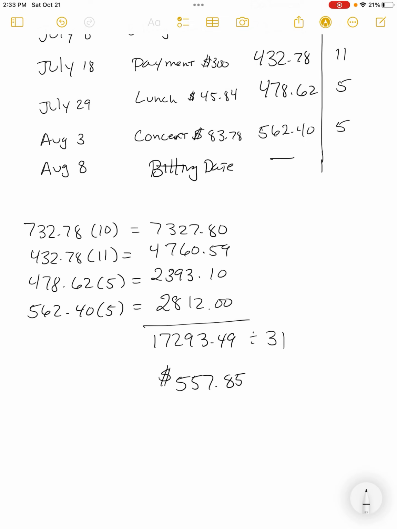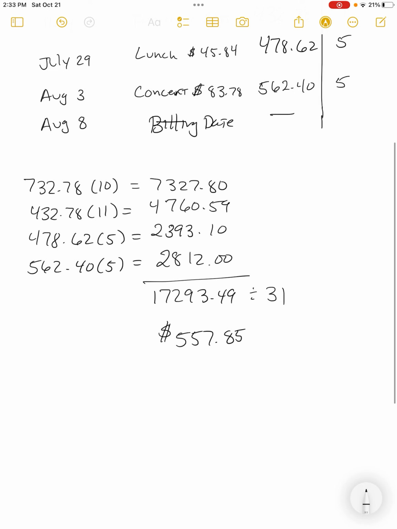Okay, and then the finance charge. So let me see what you got. You got 406.50 as your average daily balance is what you put into your homework. So I'm not sure how you got the correct finance charge. But the finance charge, if we continue this problem, looking at the problem, the finance charge was 1.6%.